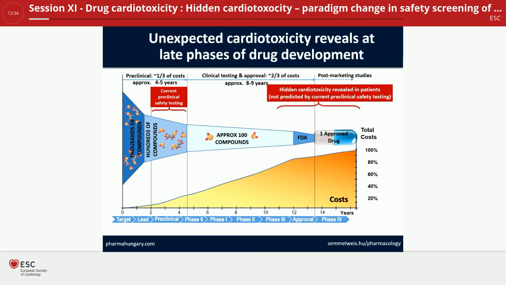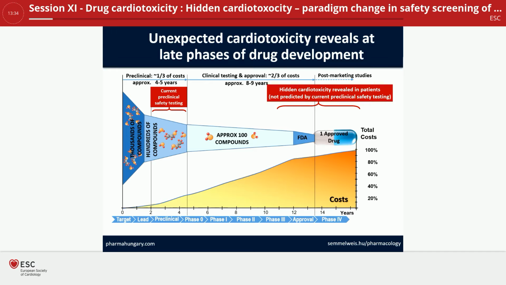So this graph shows the drug development course, which you have seen in the entrepreneurship presentation. During the preclinical phase, you are screening drugs, and of course the regulatory authorities make it compulsory that companies screen for preclinical safety of every drug before they go to the clinic.